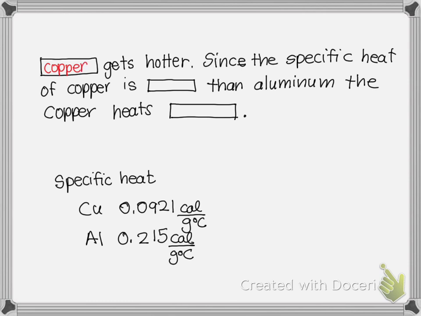Because copper has a specific heat that is much less than the aluminum. And so copper heats more easily. So lower specific heats require less energy to change the temperature. So since copper has a lower specific heat than aluminum, it will get hotter because it heats more easily.